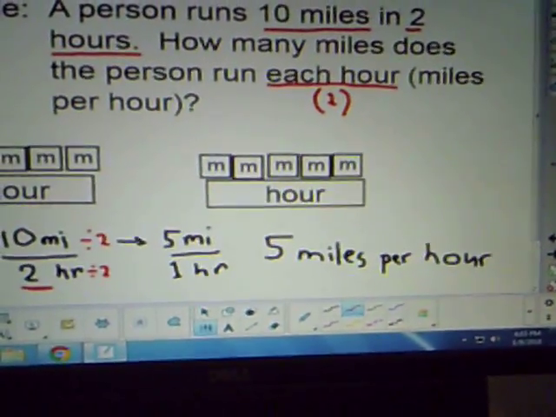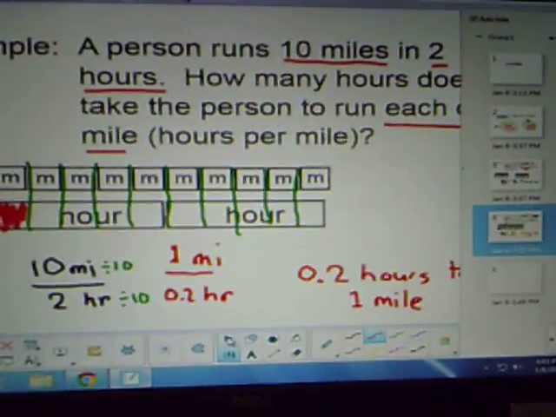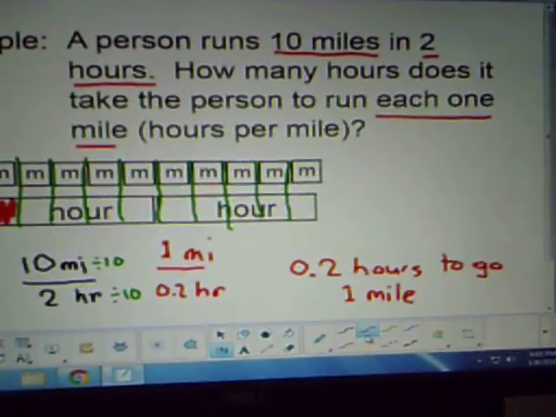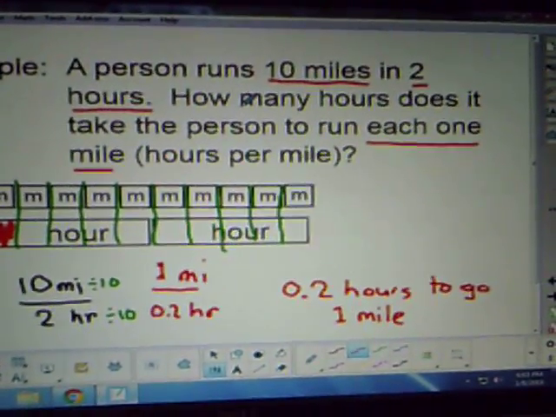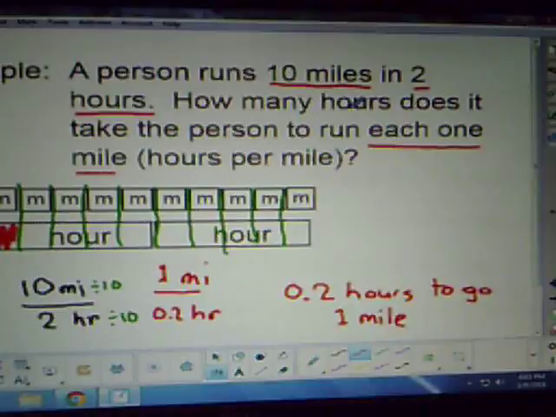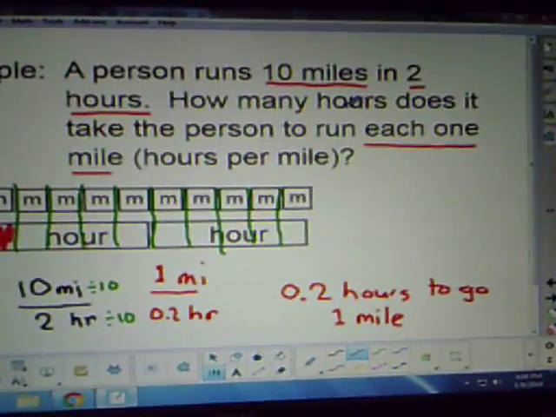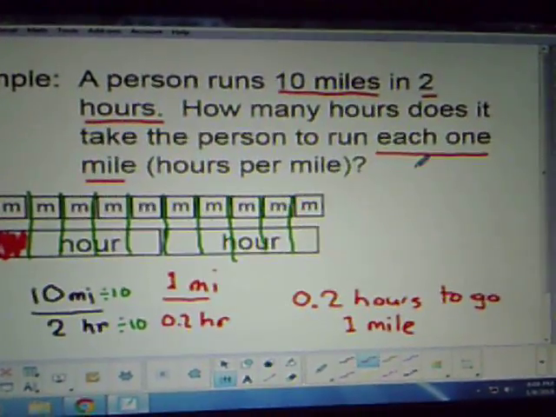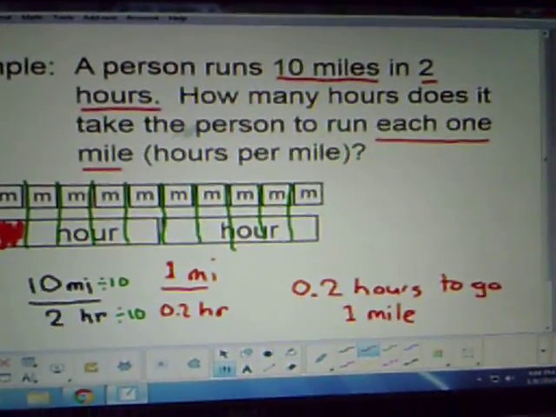Whereas our second example started the same way, 10 miles in 2 hours. But now we're wondering how many hours does it take the person to run each 1 mile? So in the second problem, we're looking for each 1 mile.